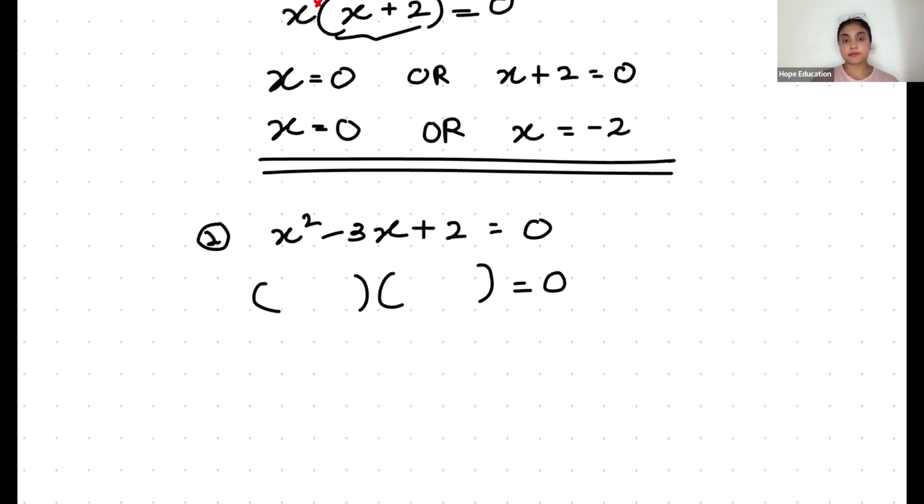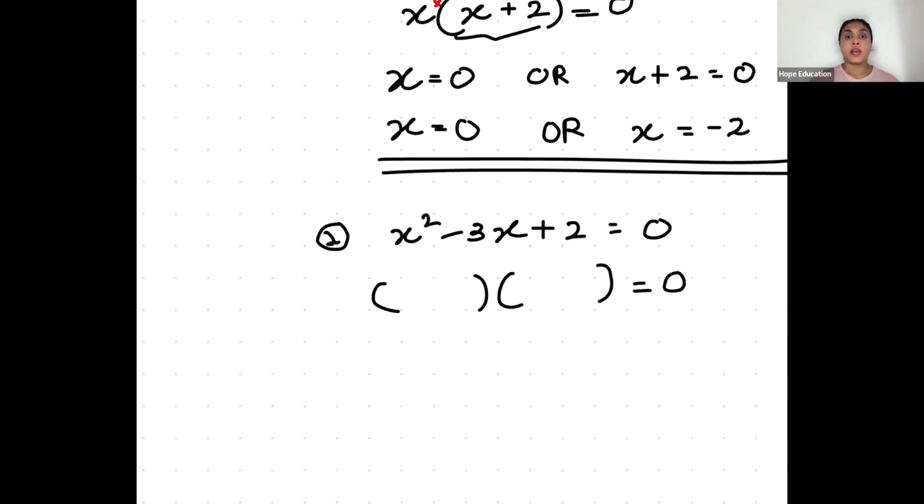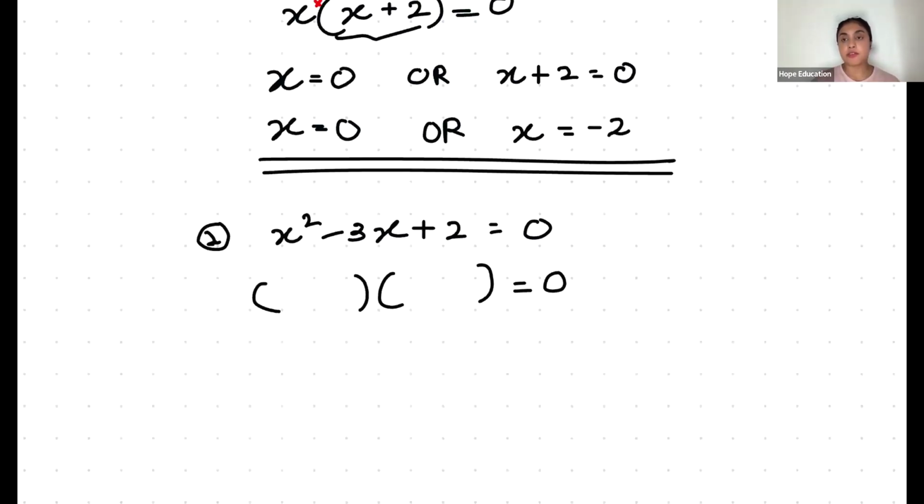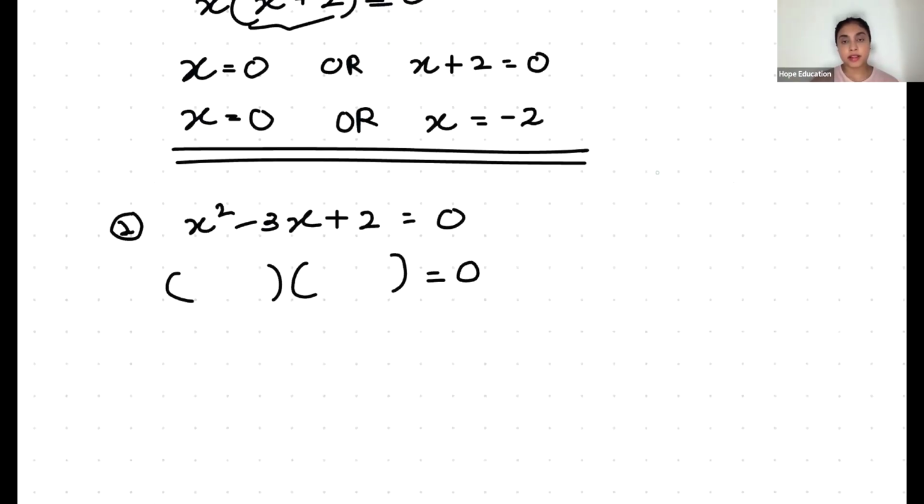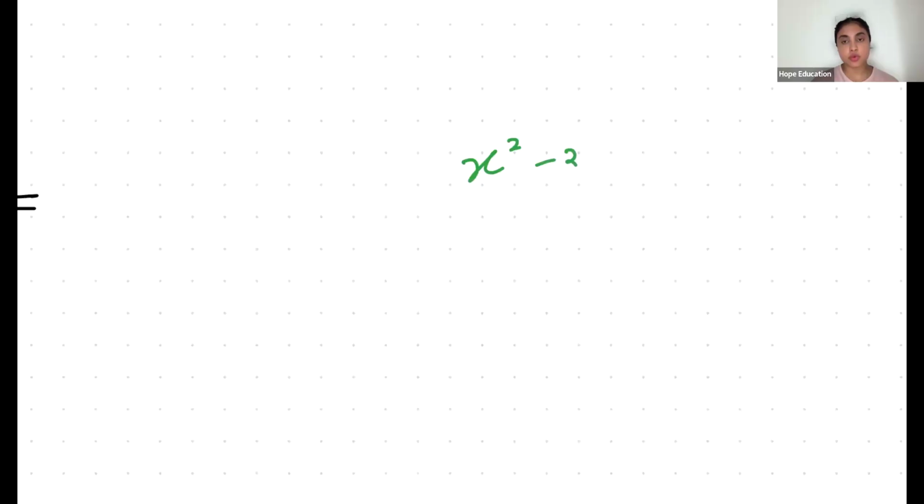All right, I got so many answers in the chat box. I hope others also got it. I might teach it quickly because this is something that we have already done, just to refresh our memory. X squared minus 3x plus 2.